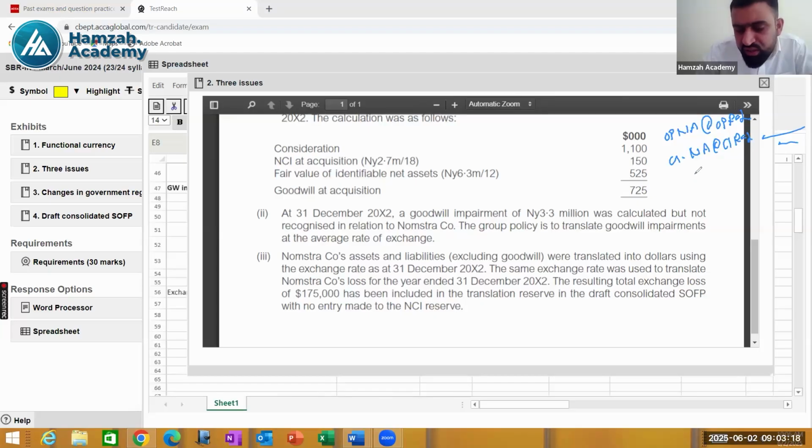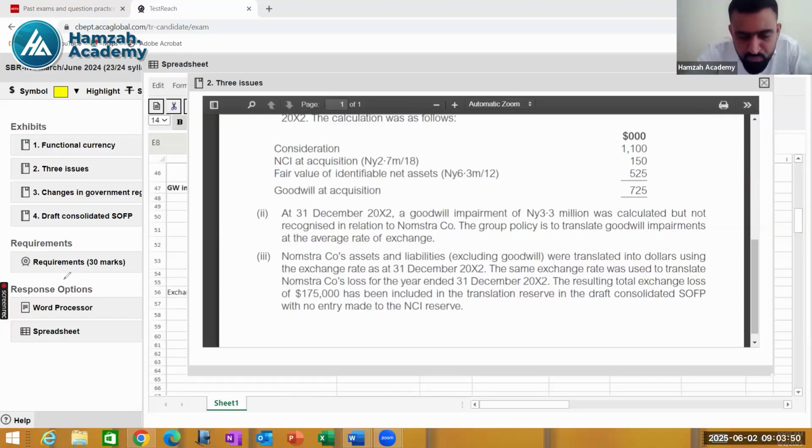And then from this total movement, we deduct the movement due to the profit or loss for the year using the average rate. And when we adjust that, you get only the movement which is due to exchange rate movement.